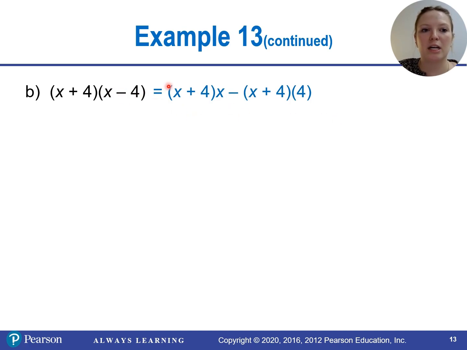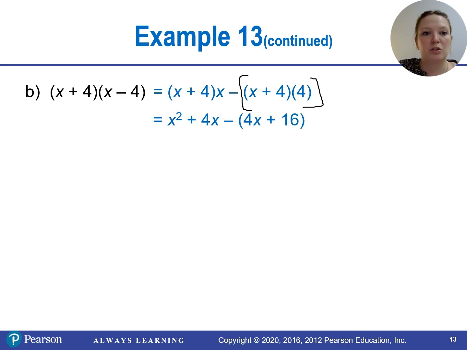So we keep the subtraction and we are distributing x plus 4 across the subtraction. Then we might distribute to the left our x and our 4 across that addition. Now the important thing to notice here is that we're subtracting all of (x plus 4) times 4. So we're going to need to keep that subtraction for everything that we do in this multiplication of x plus 4 times 4.